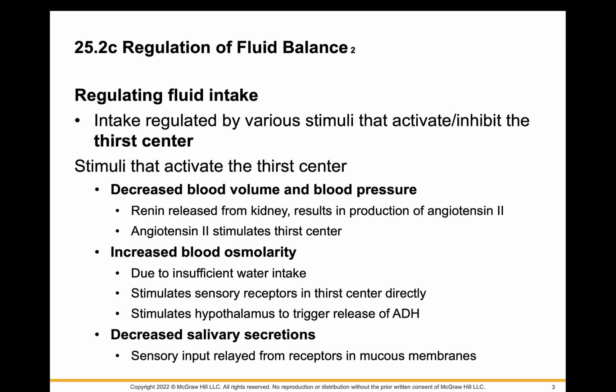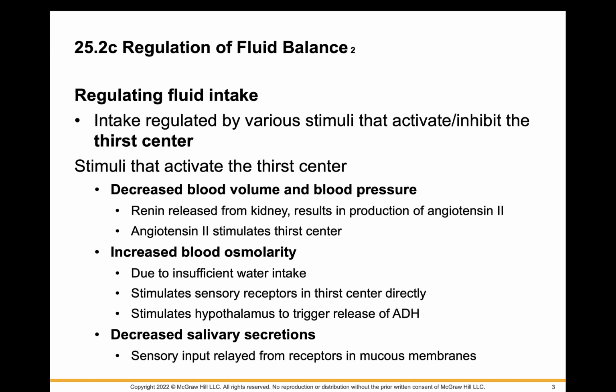Now, this is a result of the renin-angiotensin pathway, and that pathway will be addressed to a greater degree in the final fluid balance screencast. One of the things that angiotensin II will do, it will stimulate the thirst center. The second is an increase in blood osmolarity or plasma solute concentration.